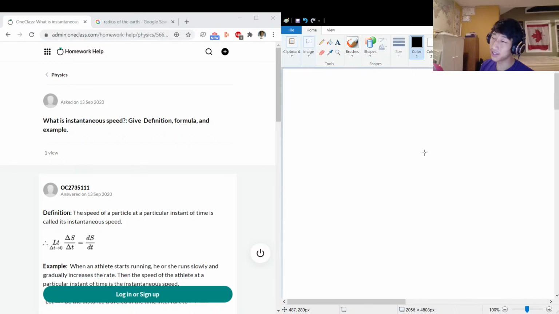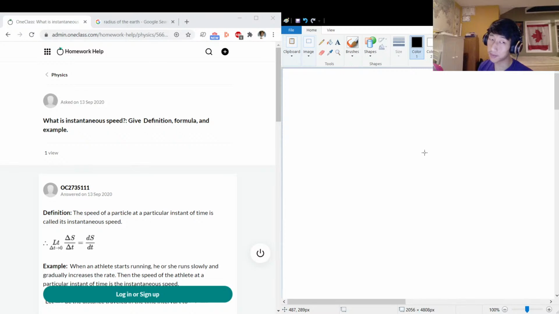But you can't guarantee that you're always going that speed. What if you sprinted for a couple minutes, you took a break, and then you jogged the rest of the way? Your speed at different instants of time throughout that path would have changed. Of course, your average speed is going to be a constant value.